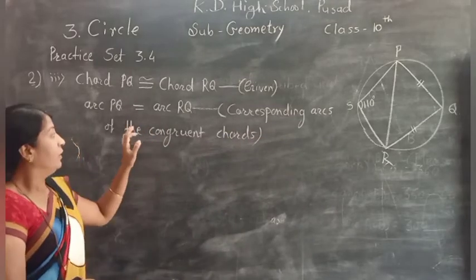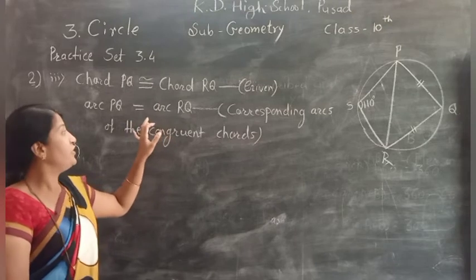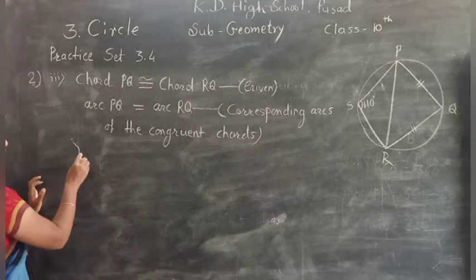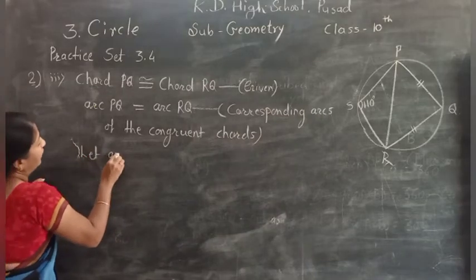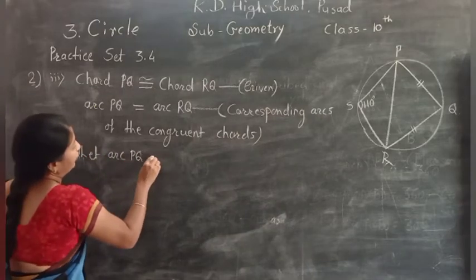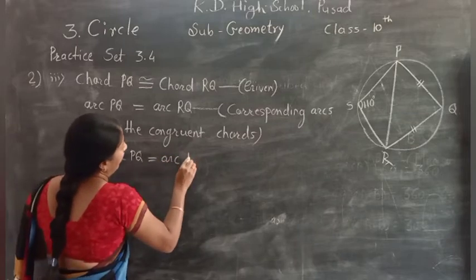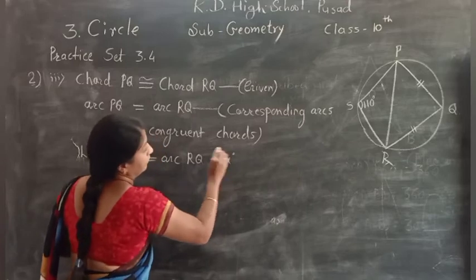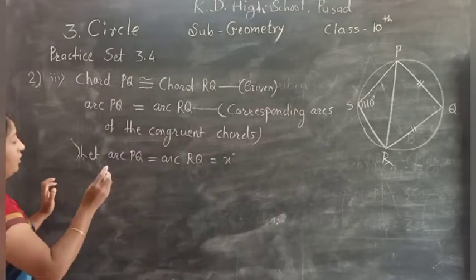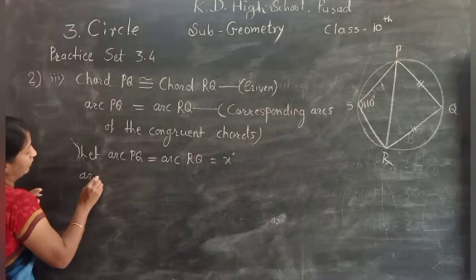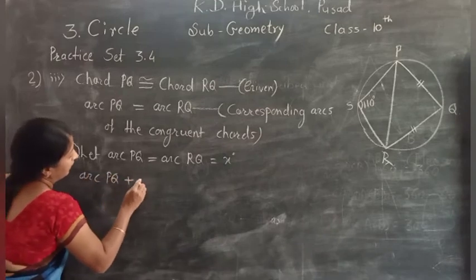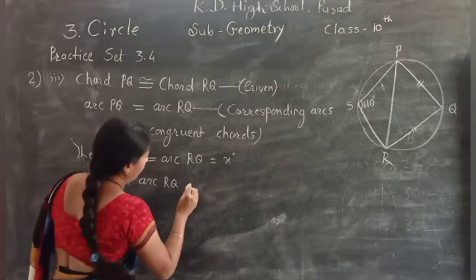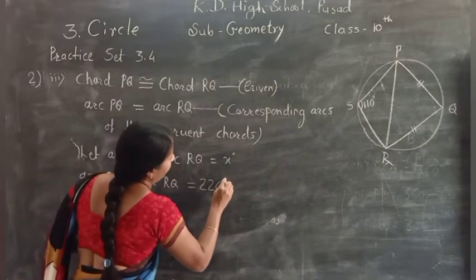Now let us consider that the measure of each arc is x. You can consider anything. Let arc PQ is equal to arc RQ is equal to x degrees. Now arc PQ plus arc RQ is equal to 220 degrees.